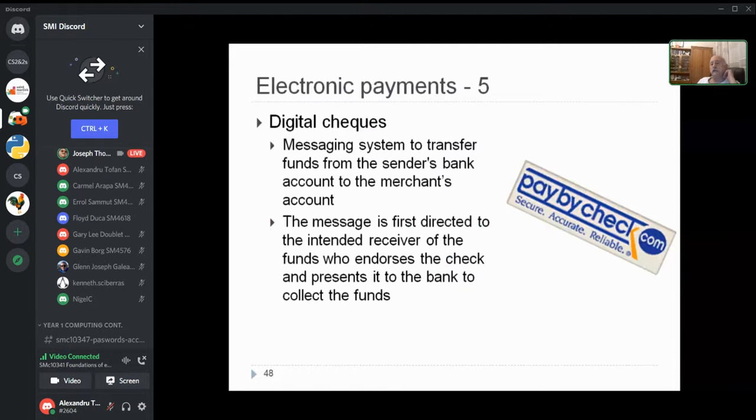Digital checks. These work exactly like a physical check. However, they are digital. No paperwork is involved. It's a messaging transfer system that will send funds from the customer's bank to the merchant's bank account. So the message is first directed to the receiver of the funds, the merchant, who endorses the check and presents it to his bank to collect the funds.